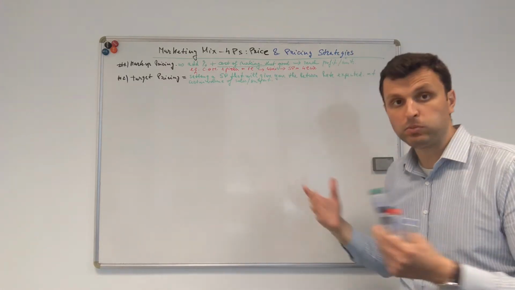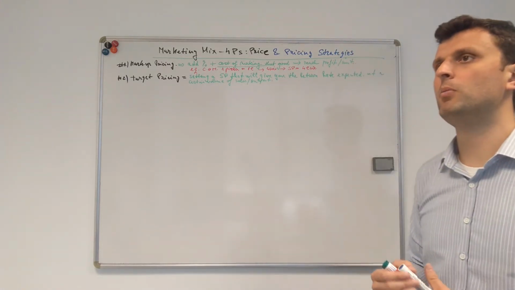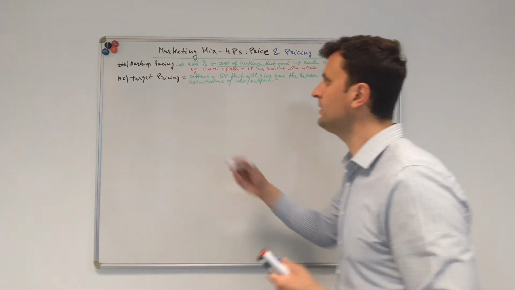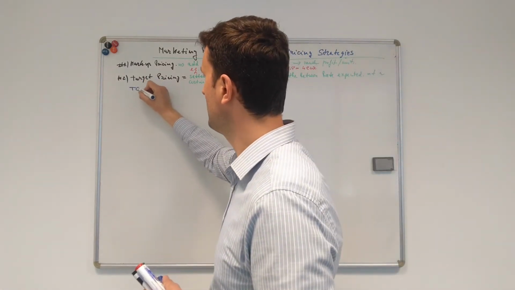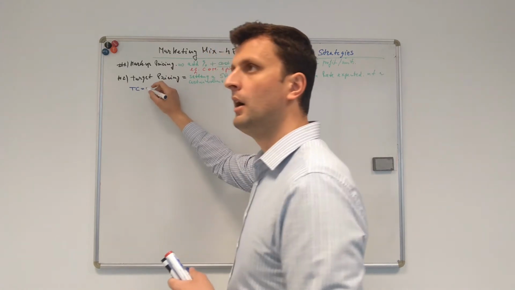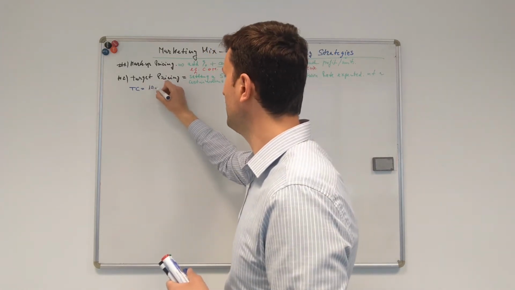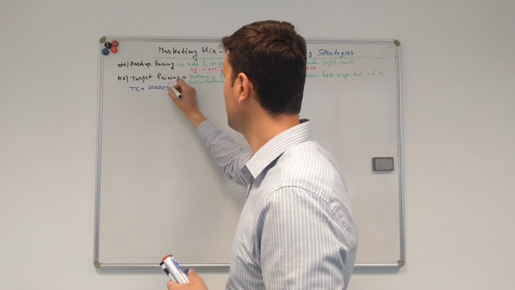The best way to explain this would be again through an example. So you have the total costs of producing 5,000 units is $10,000.